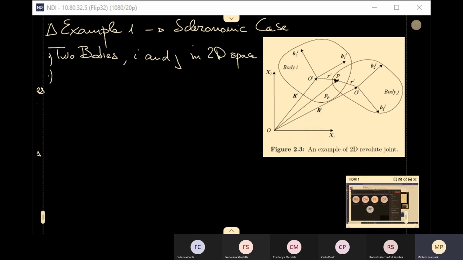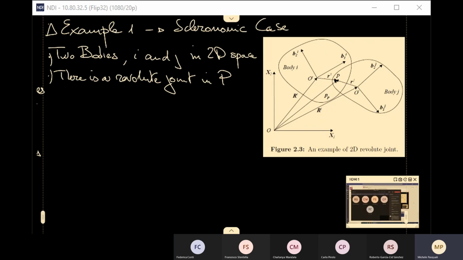And there is what is called a revolute joint. So what is it, revolute joint in point P? So it's basically a hinge, okay? Meaning that it allows the two bodies to rotate, okay, the one with respect to the other in P, but in P they are connected, okay?